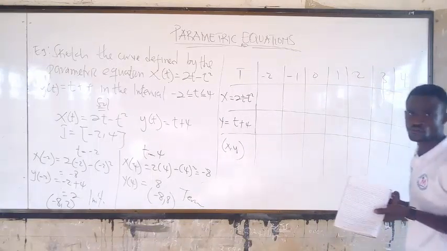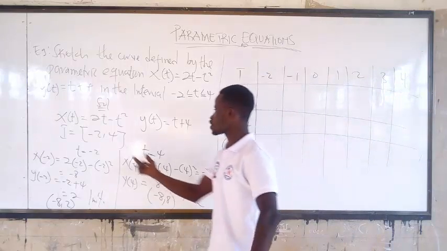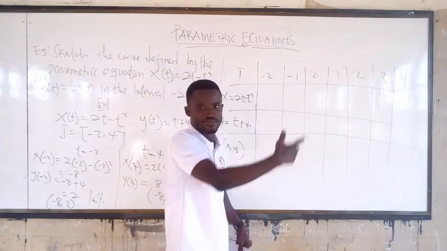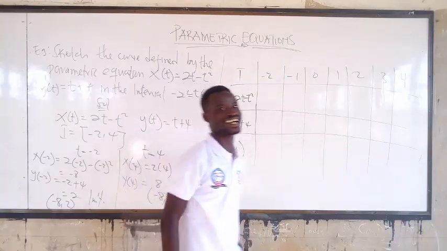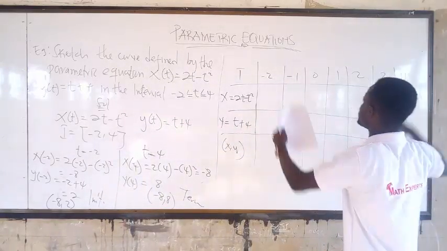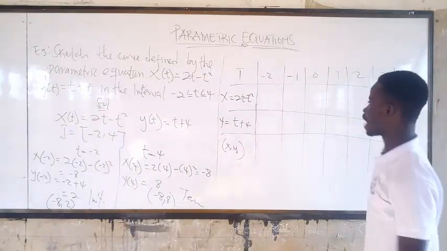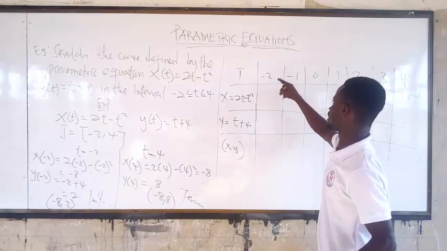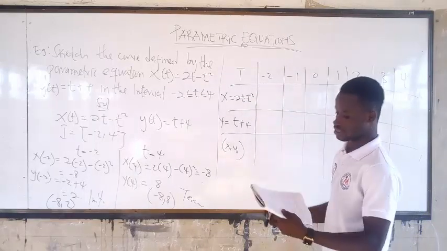No, don't go to 5. Why? Because it's not part of the interval. So you cannot go to 5. Alright. So we should be within the interval. Beautiful.